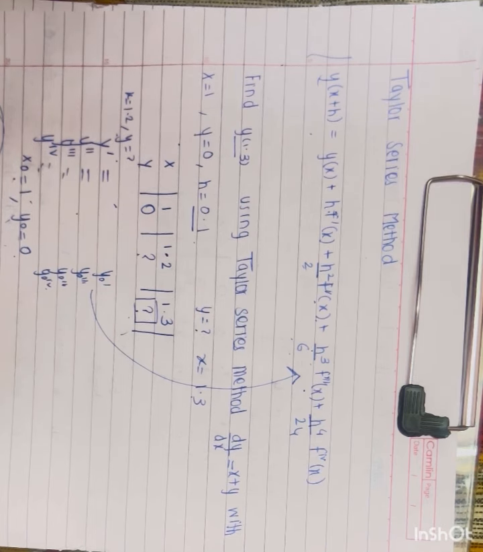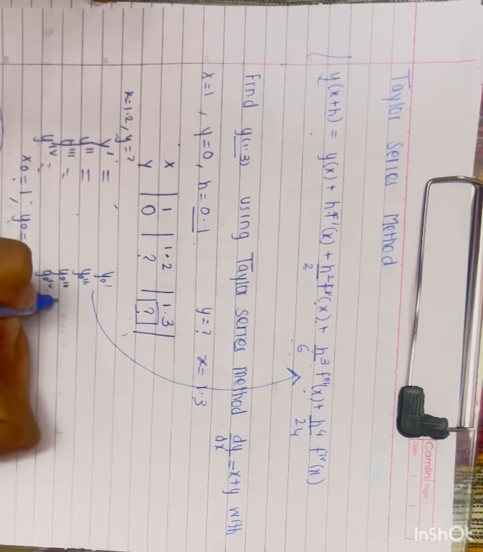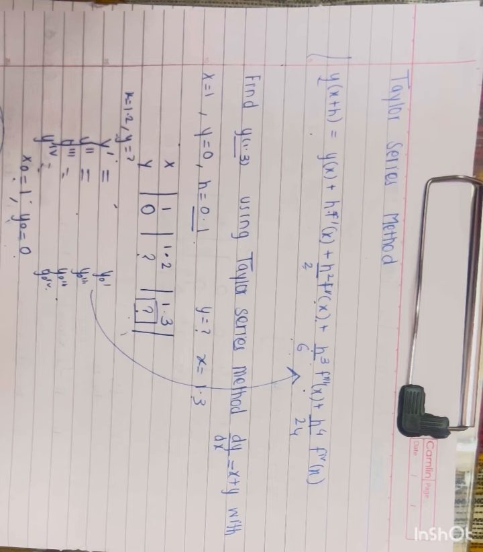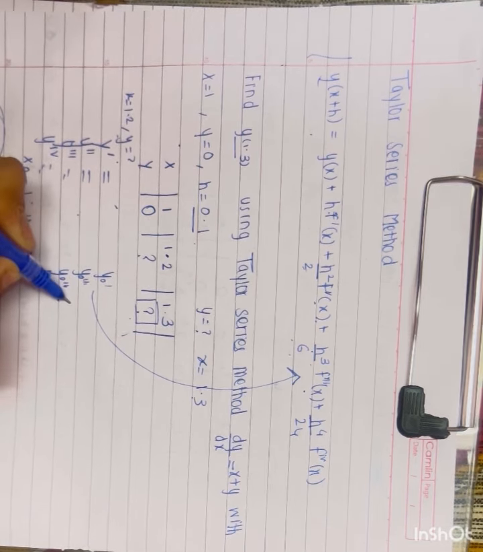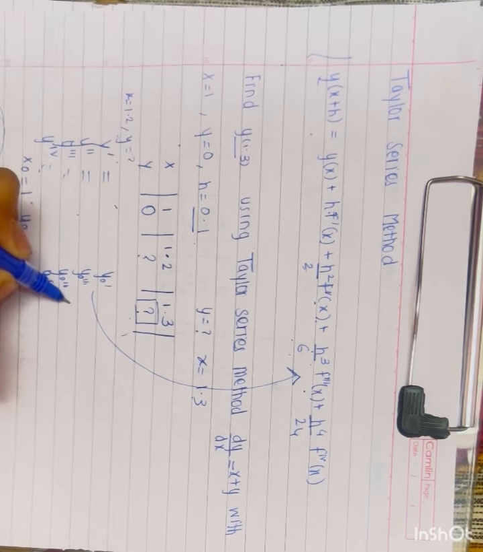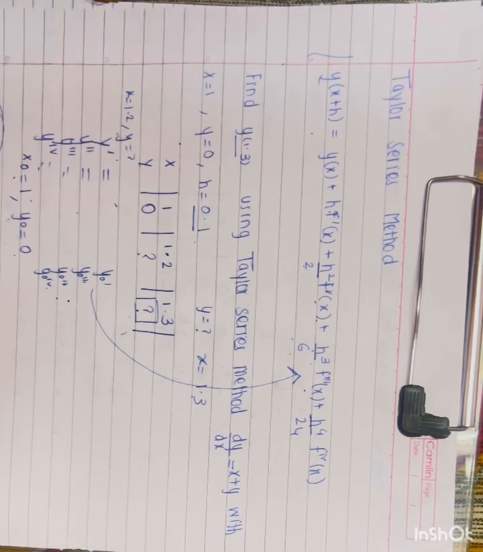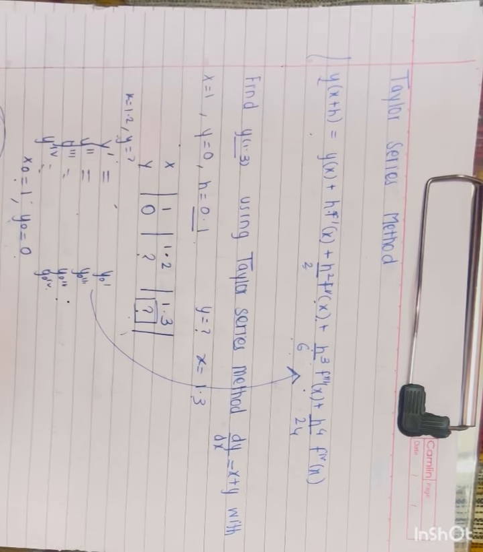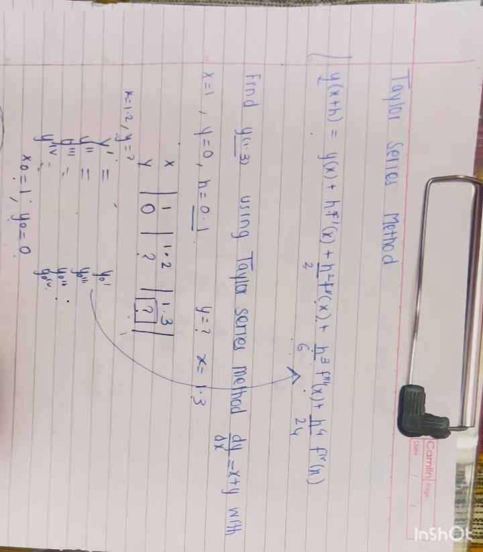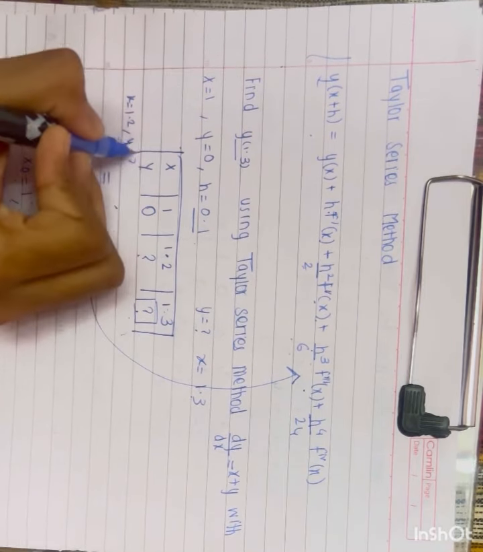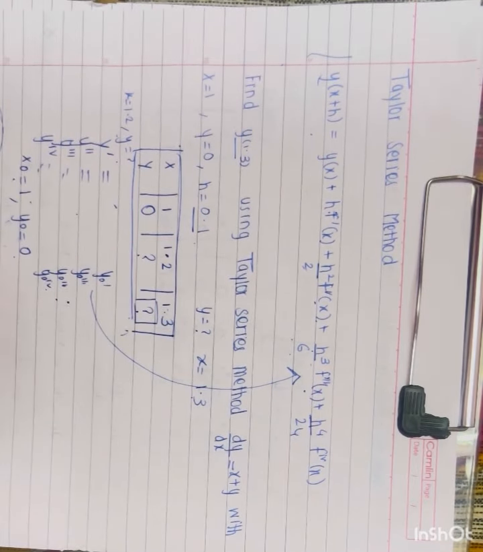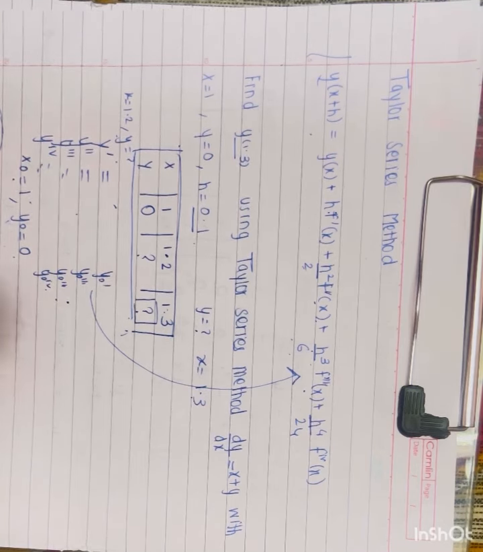And then we do these same steps. We substitute this value of x naught and y naught in the derivatives, and we finally get the value of y1, and that is our final answer. But making a table here makes it a lot easier to understand what exactly we have to find. I hope you guys have understood. Let's go to the next method.